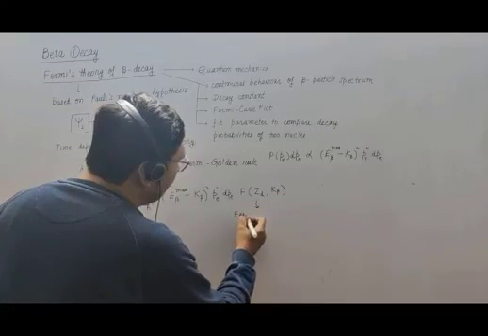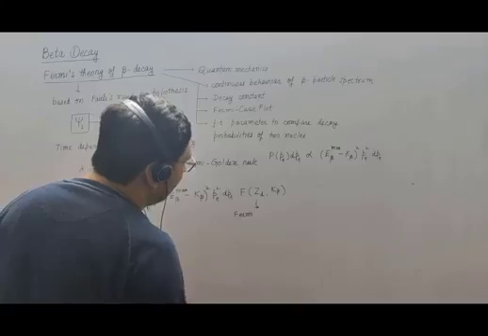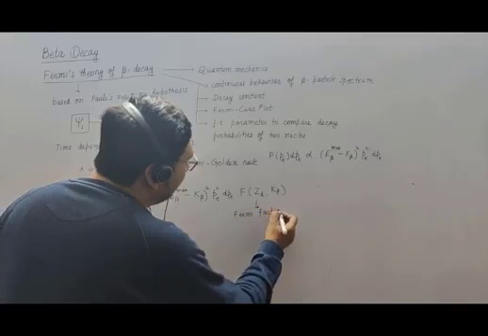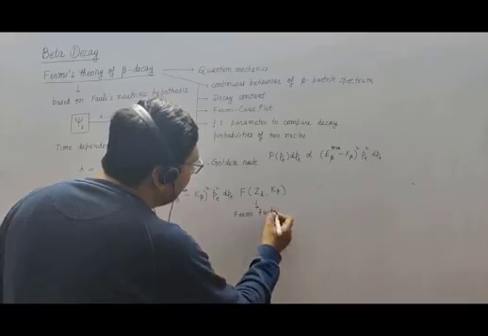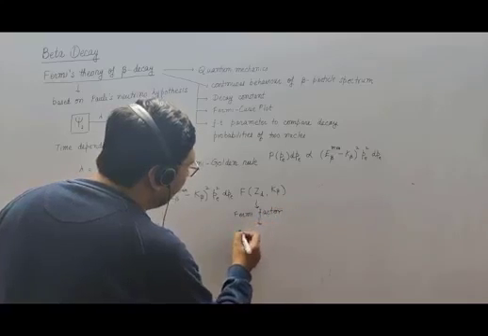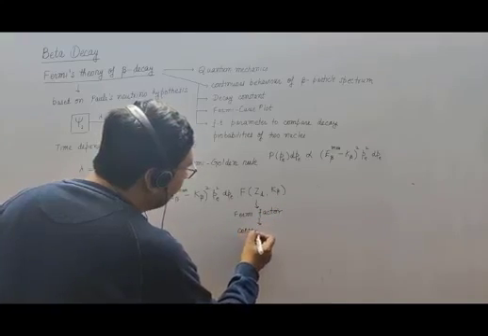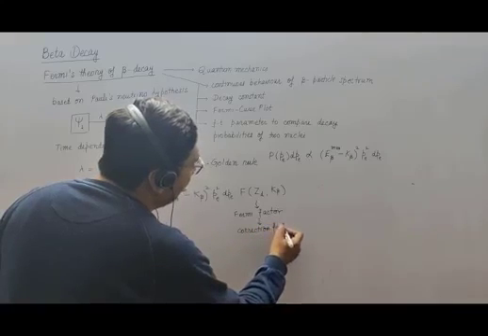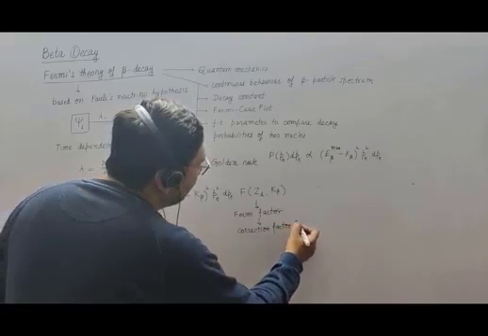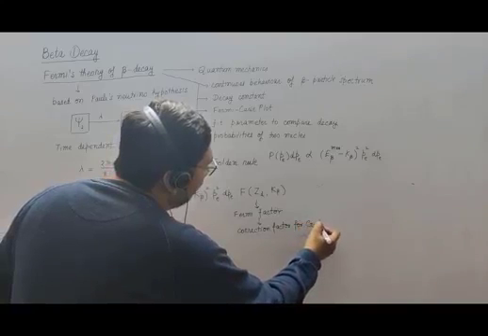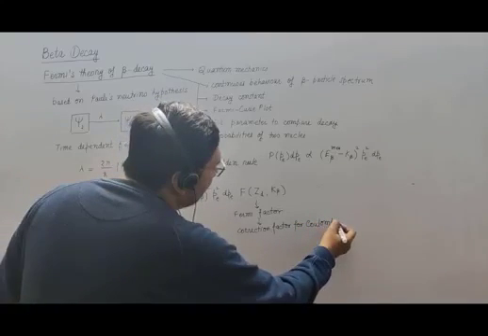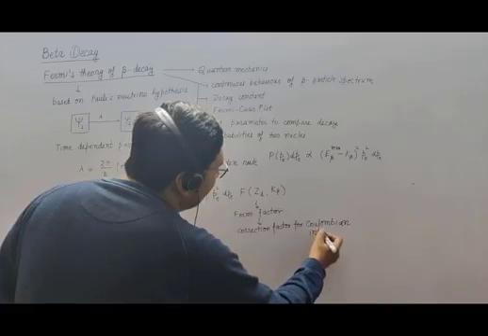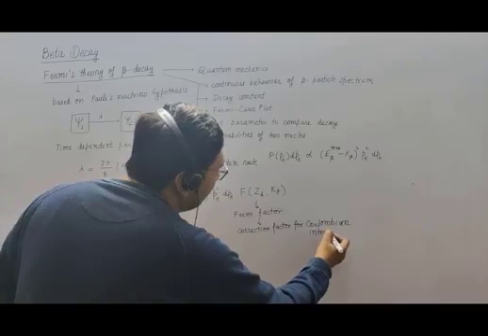The Fermi factor is a correction for the Coulombian interaction between the beta particle and the deuter nucleus.